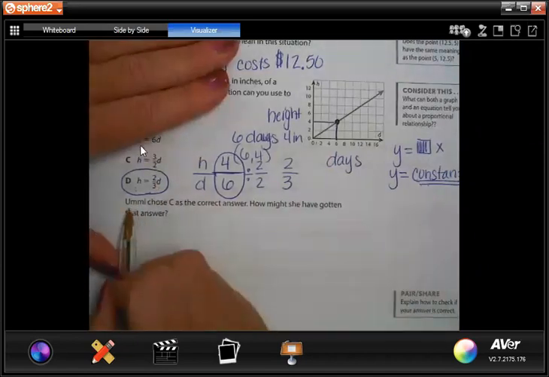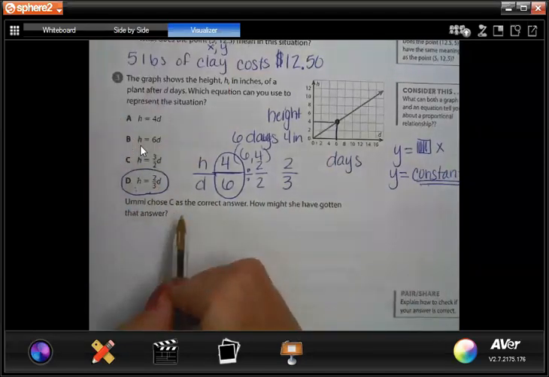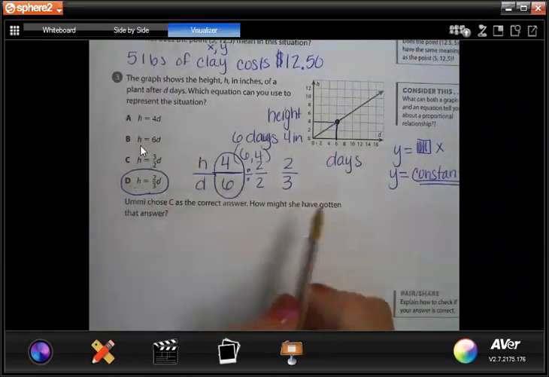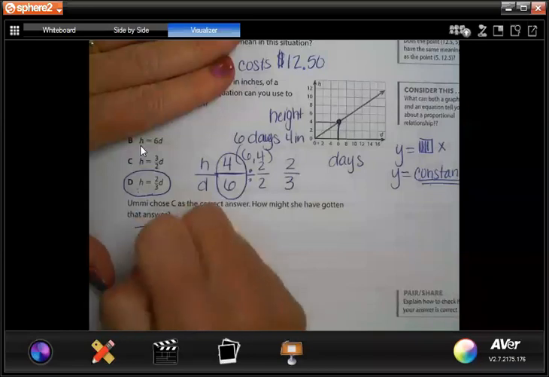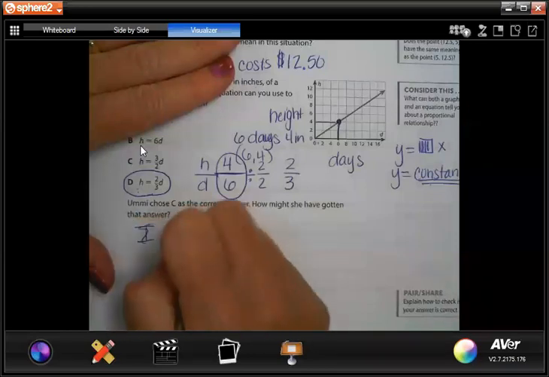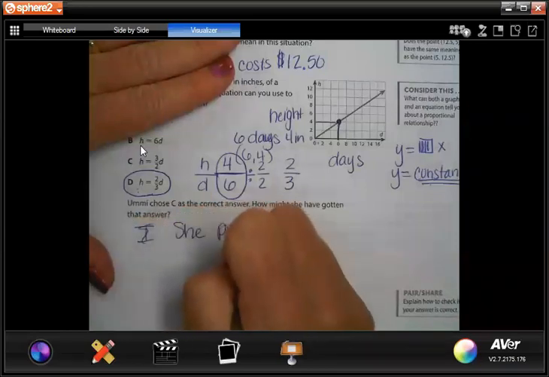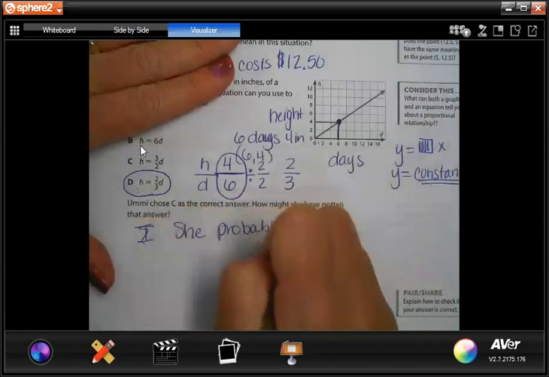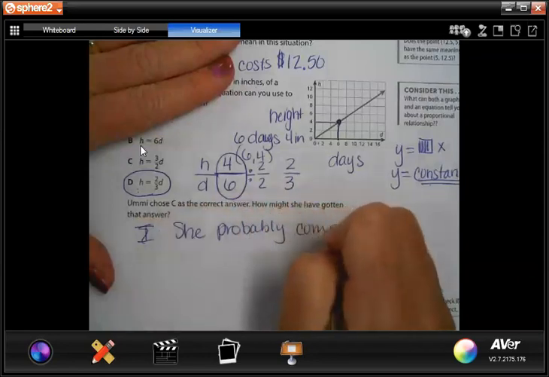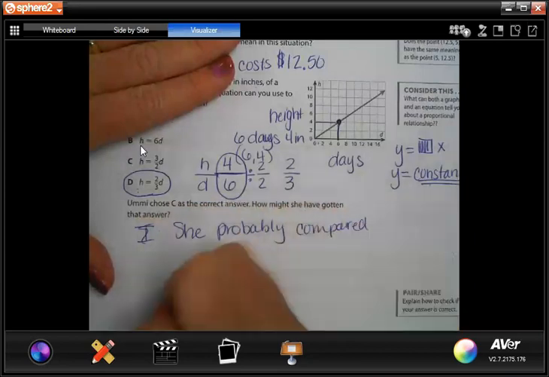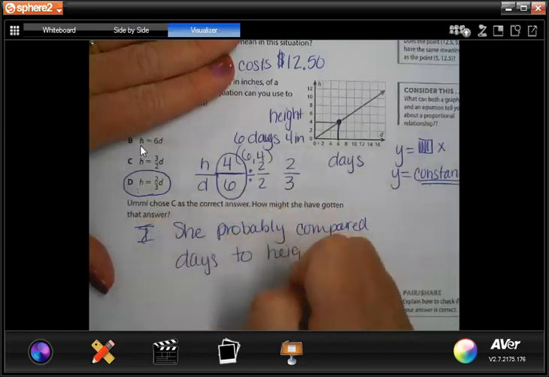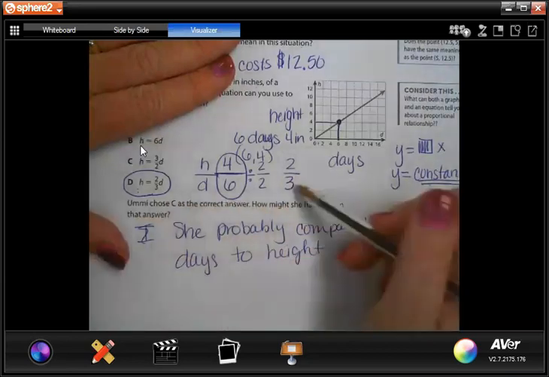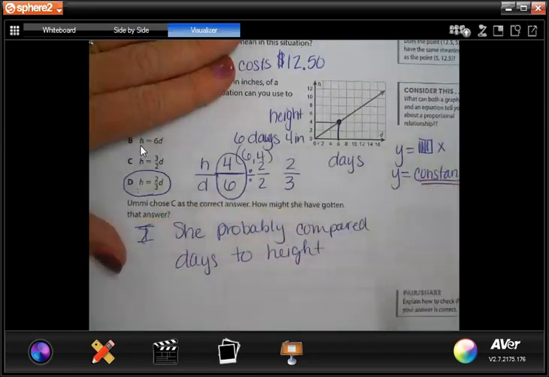Well, unfortunately, Umi chose C. How she might have gotten this answer is she probably compared days to height. Okay, because if you did that, that would flip these over.